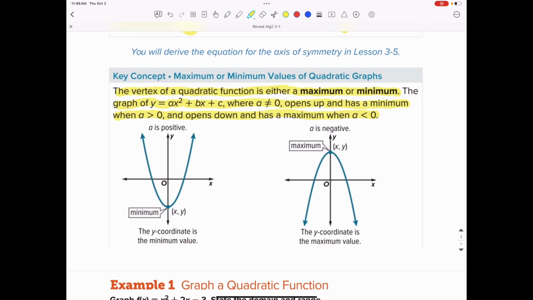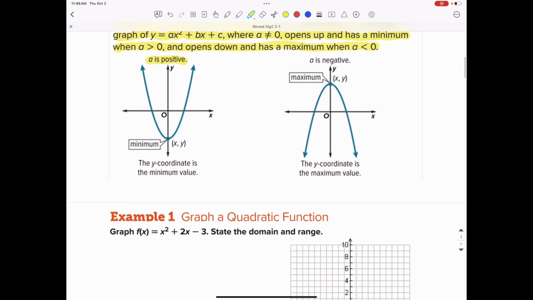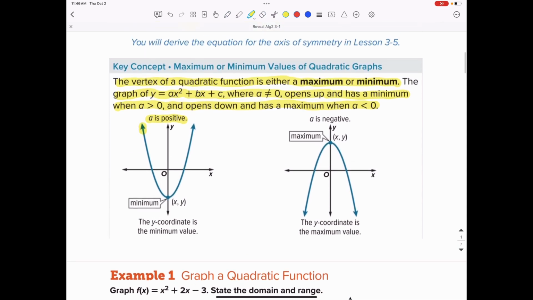The a value is very powerful when it comes to what the shape of the parabola is going to be. If the a value is positive, that means it increases on both the left and the right-hand sides. We refer to that as opening upward.